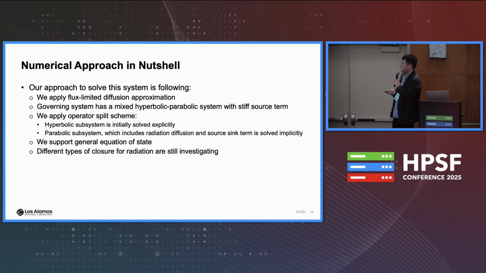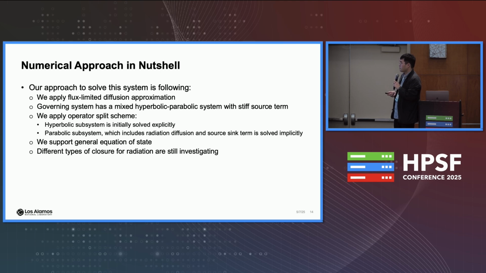We apply standard operator split schemes because radiation moves at the speed of light and hydro is fluid, so there is a large disparity between the two. If you just solve everything explicitly, you may encounter a time stepping issue. So we solve the hyperbolic subsystem explicitly, and the parabolic subsystem, which contains our radiation diffusion and source term, implicitly, and update together.